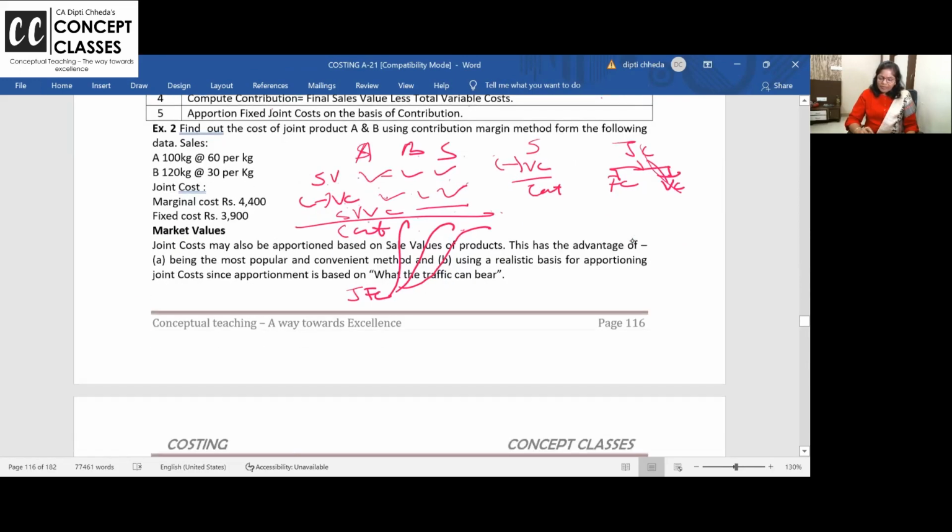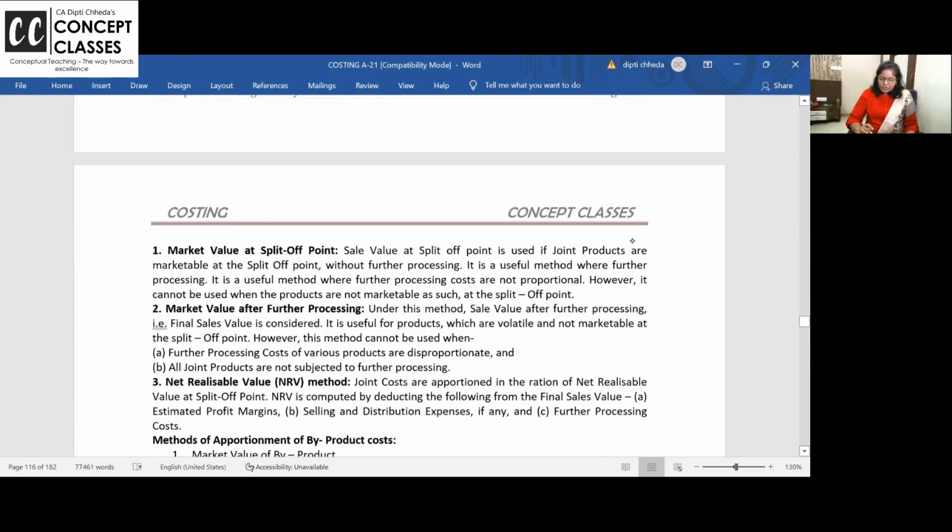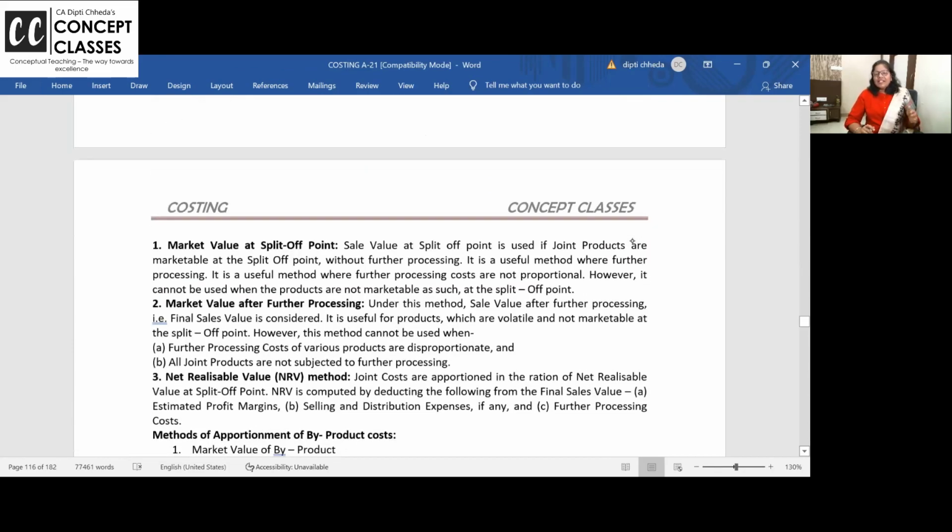So like that we have the contribution value. Now, final market value. So you have 2-3 market values. You can apportion the joint cost based on the market value of the product at split-off point. Joint cost: raw material, labor, overhead.